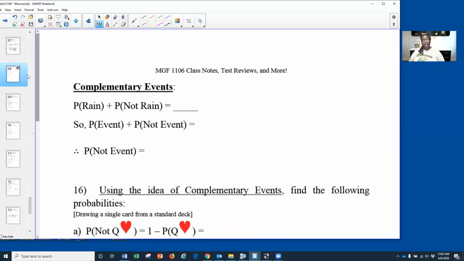Here we are looking at complementary events. When we think about complementary, what are we talking about? We're talking about things that complement each other. So when we're talking about complementary, think about 100%. 100% of something.